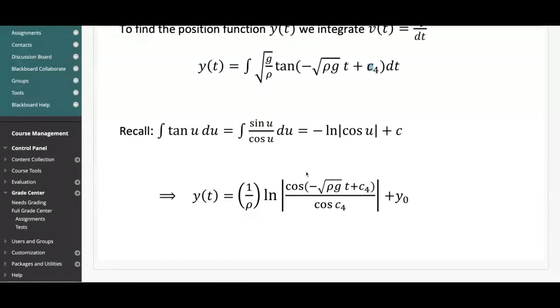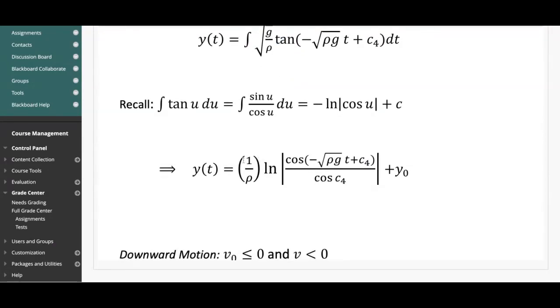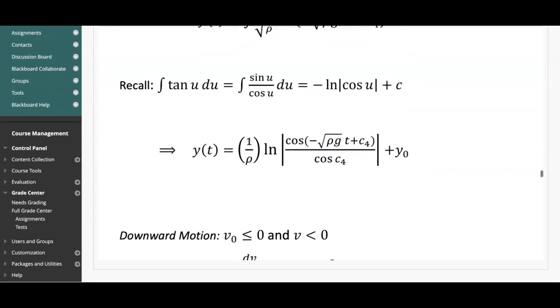Okay, what did we do? Oh, we got rid of the tangent, because we were trying to integrate this tangent. So in the end, after integration, we get such an ln with cosine stuff.